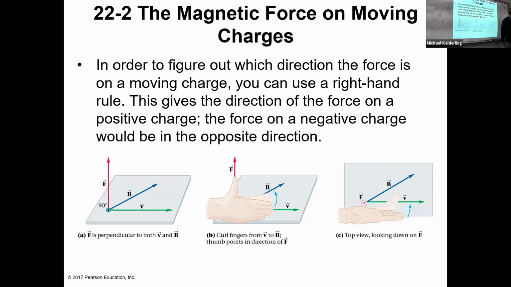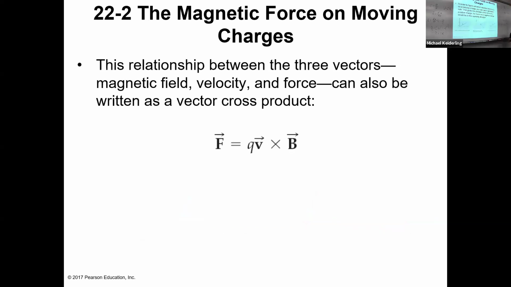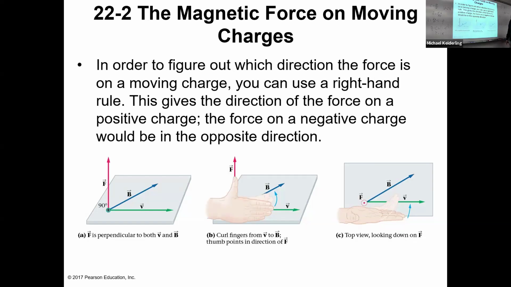And you can figure out what direction it is by taking your right hand and you point your fingers in the direction of the velocity and you bend them in the direction of the magnetic field, and your thumb, at right angles to both sets of your fingers, will point in the direction of the force. That is because that force is charge times velocity cross magnetic field. That is the force you'd have on a positive charge. A negative charge would be in the opposite direction.